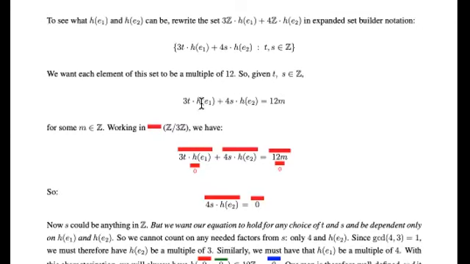I'm using the fact that 3 and 4 themselves are relatively prime. And the way we can do that is, let's just focus on h of e2 for a minute. To do that, let's just mod everything out by 3. If we mod it out by 3, this goes away, it's just 0 and 0.